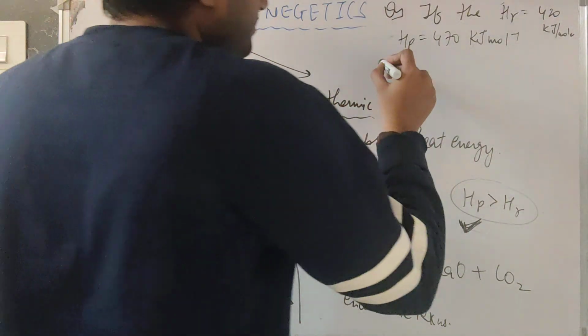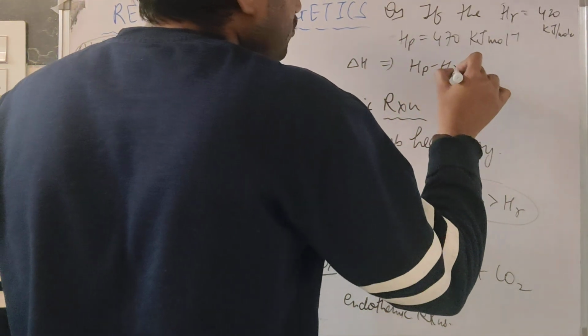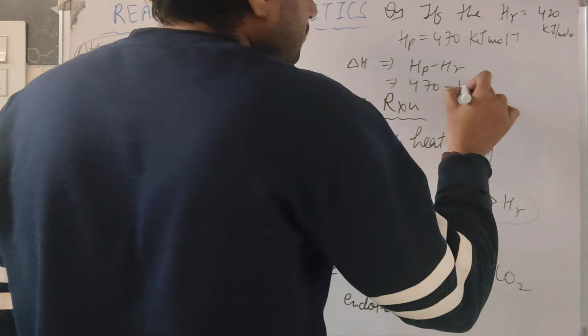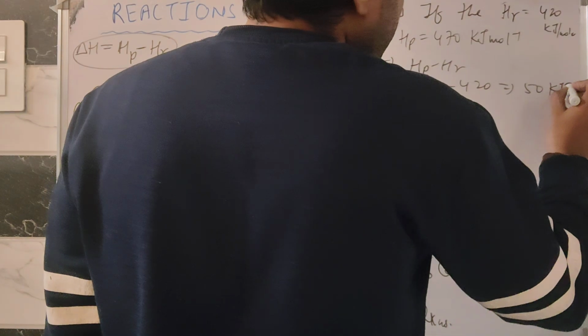The enthalpy change will be, by the formula delta H is equal to HP minus HR, 470 minus 420, so 50 kilojoule per mole.